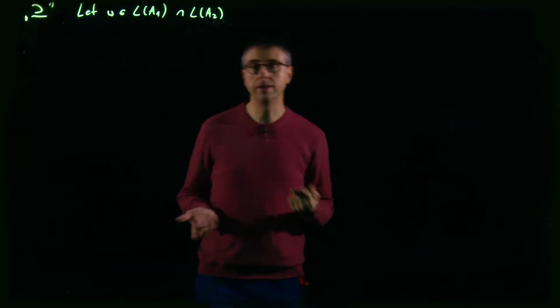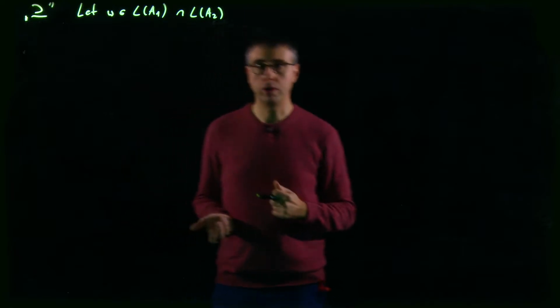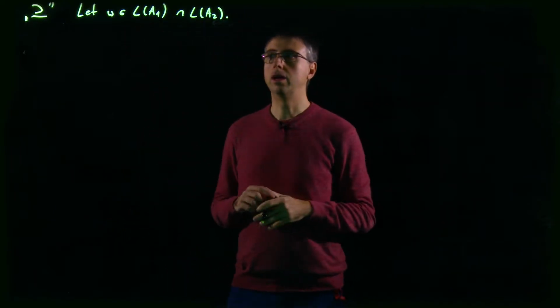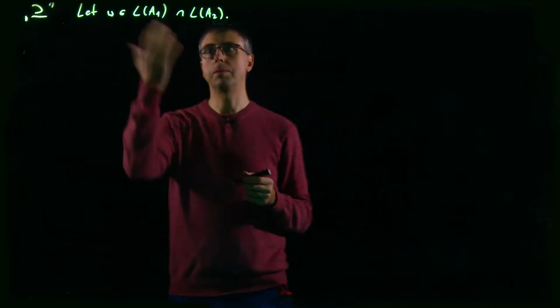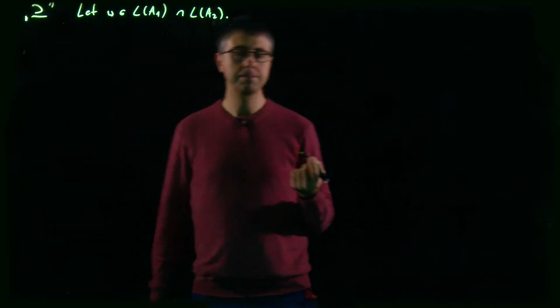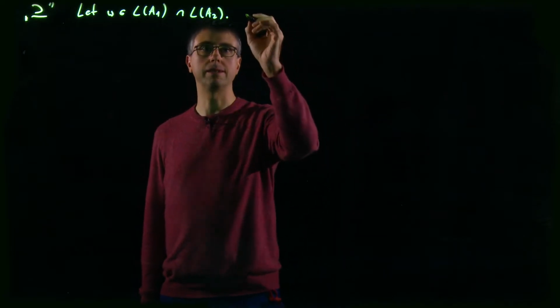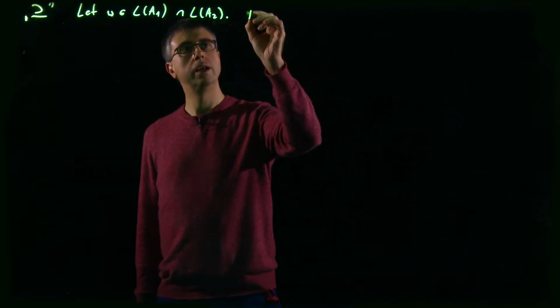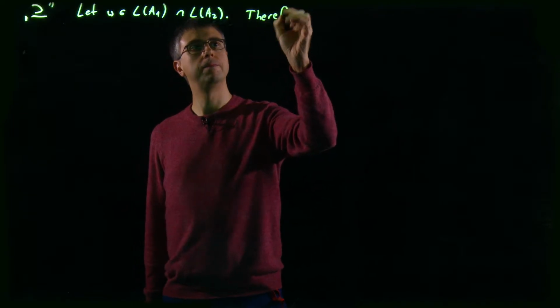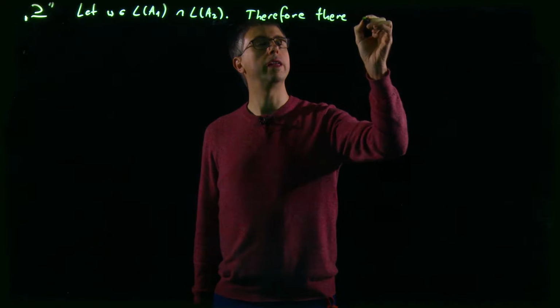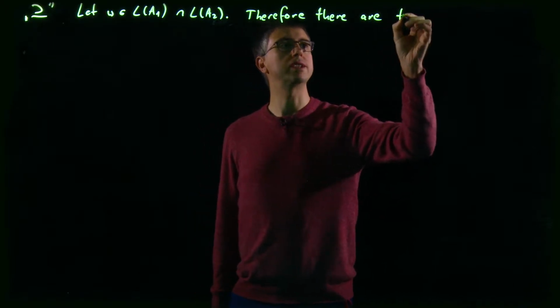And we have to show that this word is actually accepted by the product automaton. As the word is in the intersection, we know it's accepted by the first and by the second automaton, so we know that there are two accepting runs.